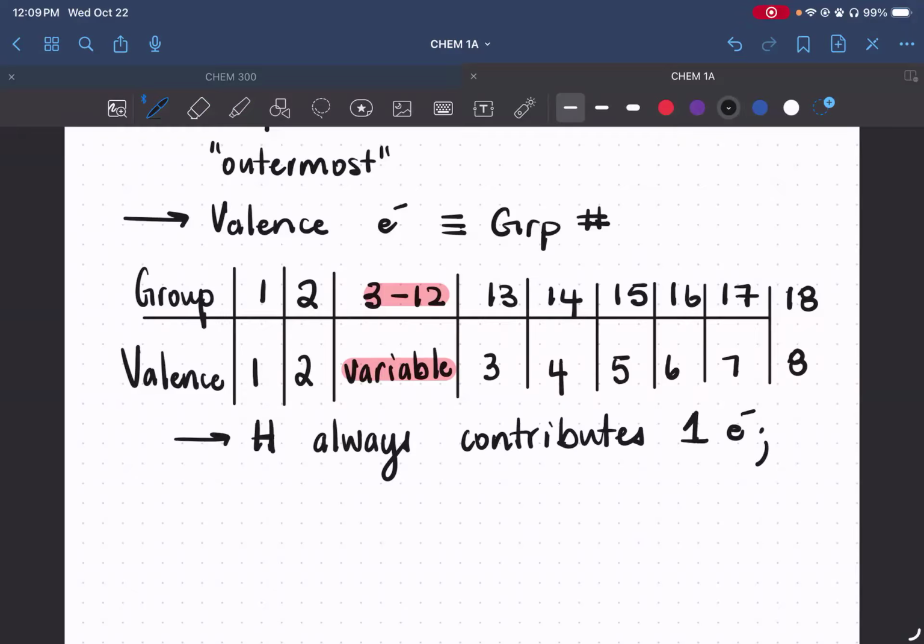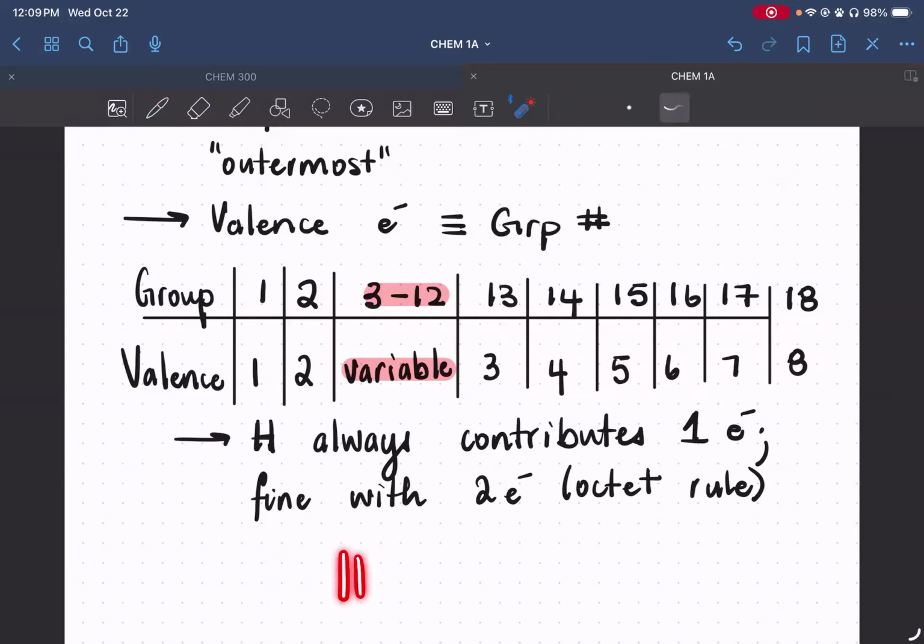Don't forget also that hydrogen is fine with 2 electrons, an exception to the octet rule. Remember, we talked about how the octet rule is what explains the popularity of group 18, the noble gases. That octet rule basically states that atoms love to have 8 electrons in their valence shell because that's what royalty has.